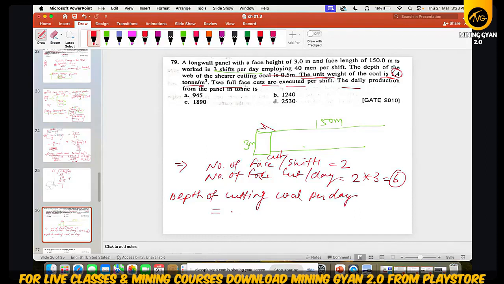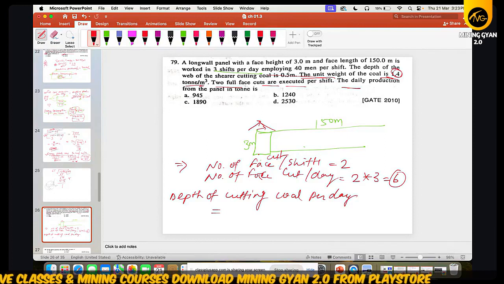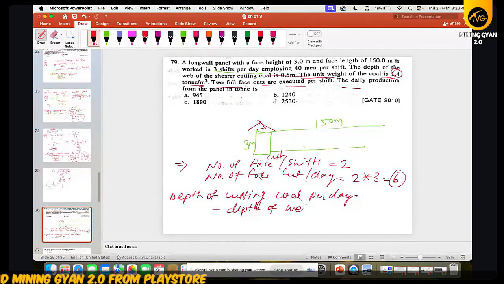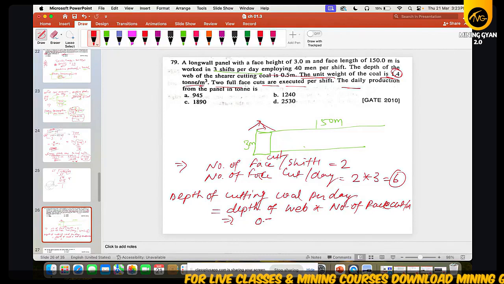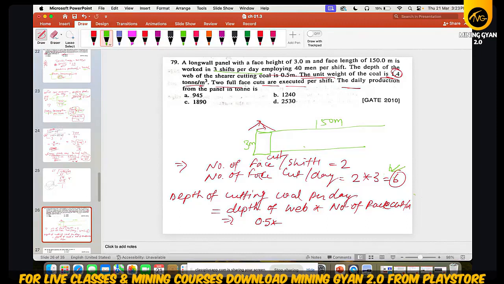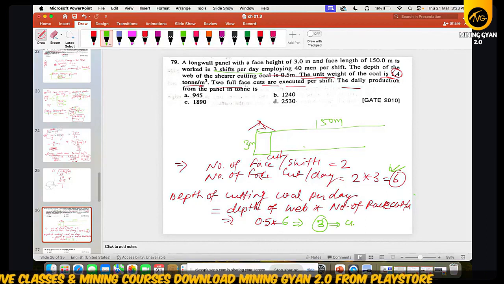What will be the formula? Depth of the web multiplied by the number of face cuts per day. The depth of the web will be 0.5, and the number of face cuts we have calculated already as 6, so it will be 3. So this 3 will be our depth of cutting per day.